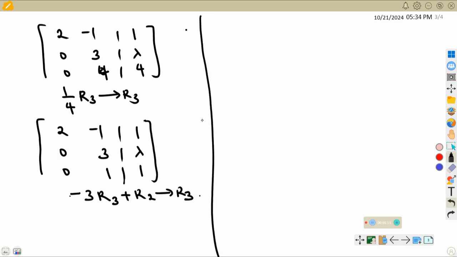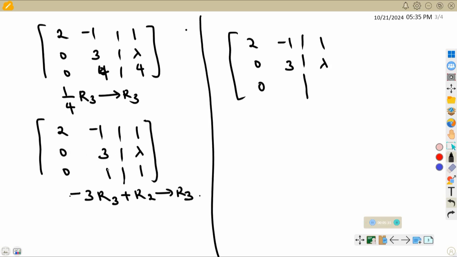So if we do that, this will be 2, negative 1. This is 1. This is 0. This is 3. This is lambda. Then this is negative 3. This will be 0.